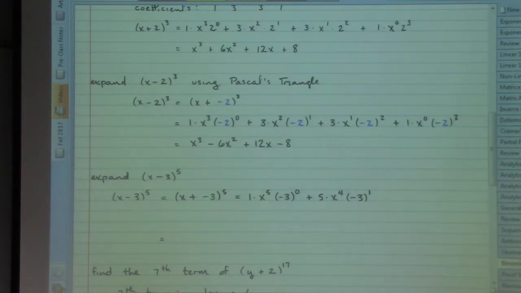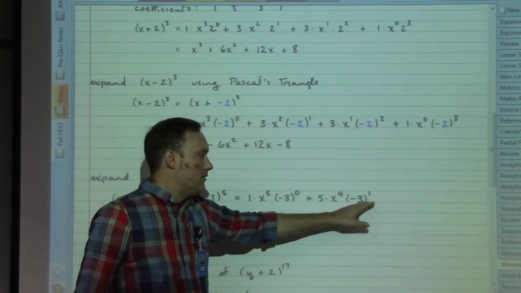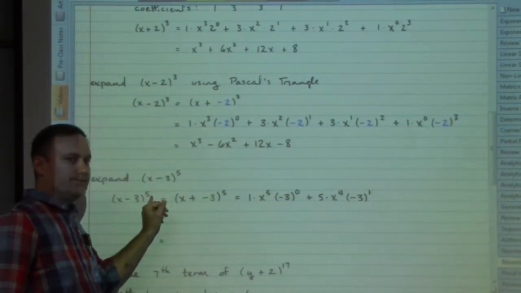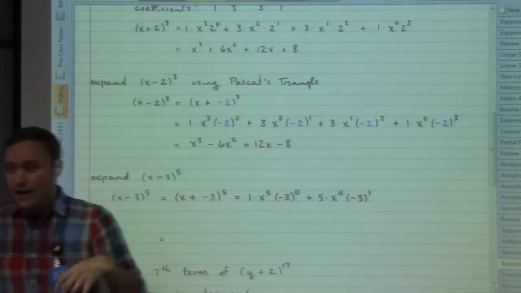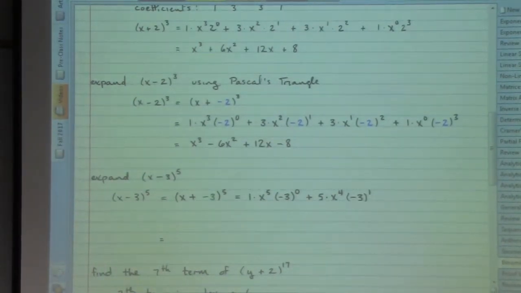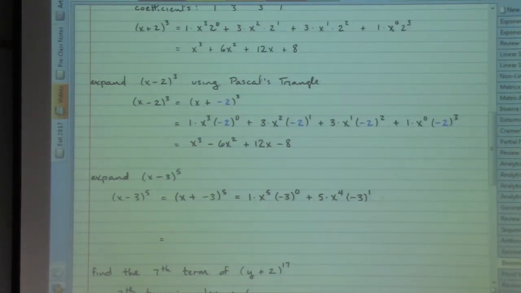The pairs of exponents will have to add up to the original power on our binomial. 4 plus 1 is 5. 5 plus 0 is 5. So we have that kind of comment that we can use as well to make sure that we're as much on target as possible.